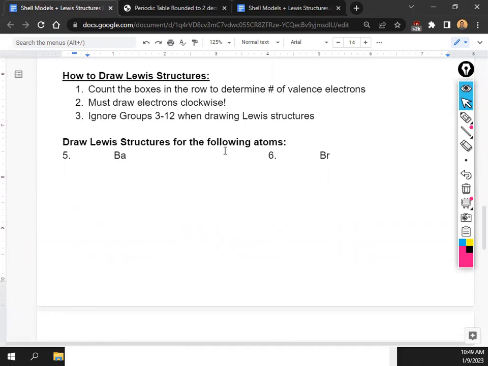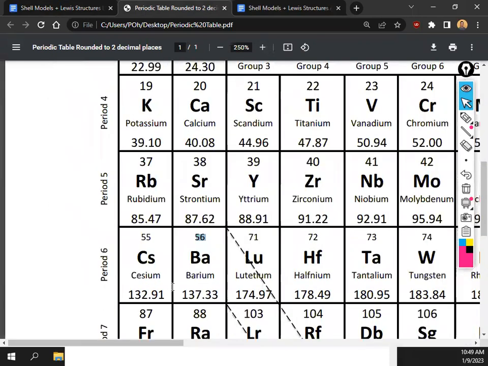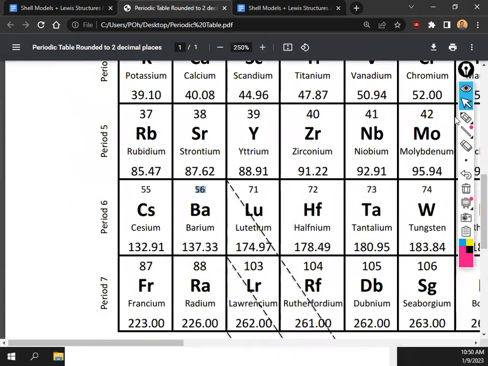Okay, so let's take a look at the element that we talked about earlier, barium. Now Lewis structures are very easy to draw. All we got to do is count the boxes in that row. If we take a look at barium, it's in row number 6, but we don't care what row it's in. We just need to count the boxes in that row. So barium is box number 1, 2, right?